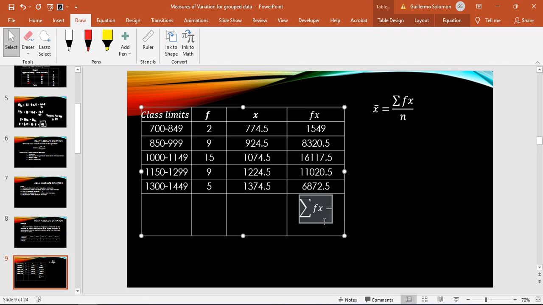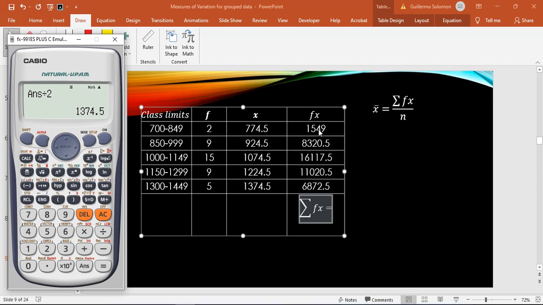Okay, after we get that, kunin natin summation. Alam pa lang tayo, ha, computing for the mean. Computing for the mean pa lang tayo, wala pa tayo sa computing the mean absolute deviation for group data. Mean pa lang tayo, sa step 1.